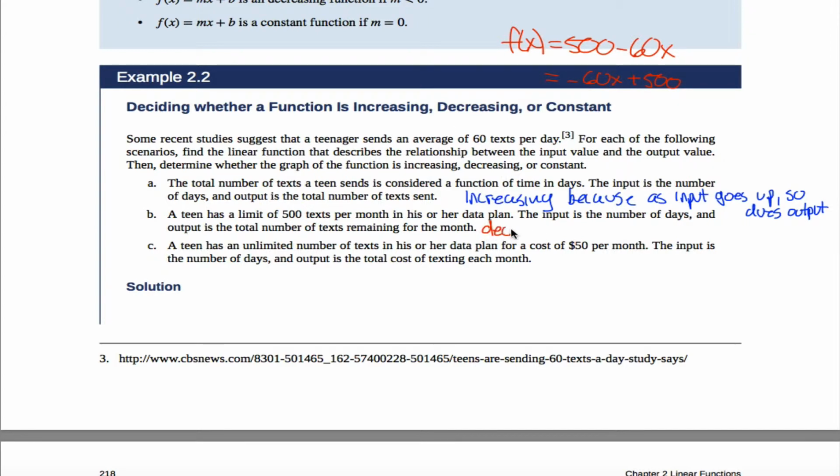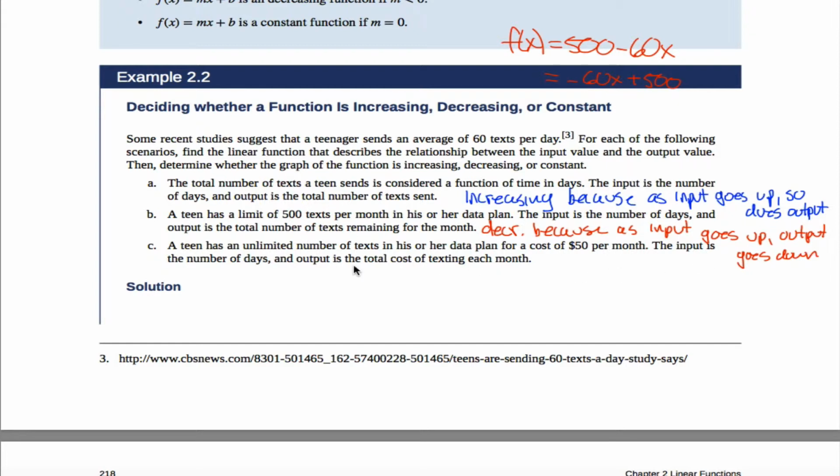Another way to see that it's decreasing is because as the input goes up, the output goes down. The input is how many days into the month you are, and the output is how many texts you have remaining. So later in the month, you have less and less texts remaining.